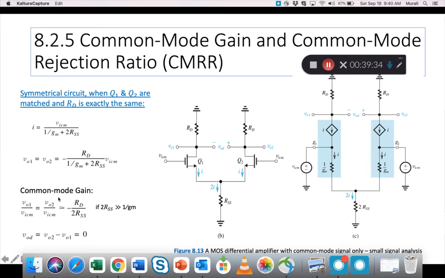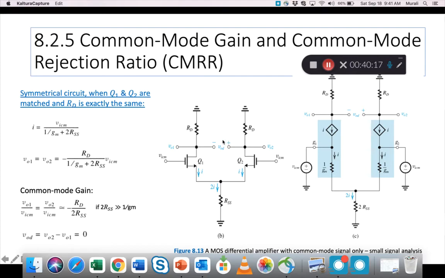And so the common mode gain can be defined as, if you're taking it single-handedly here or here, VO1 by VICM, which is VO2 by VICM, is minus RD by 2RSS. Okay. So this is derived based on this, where RSS is subject to certain conditions.